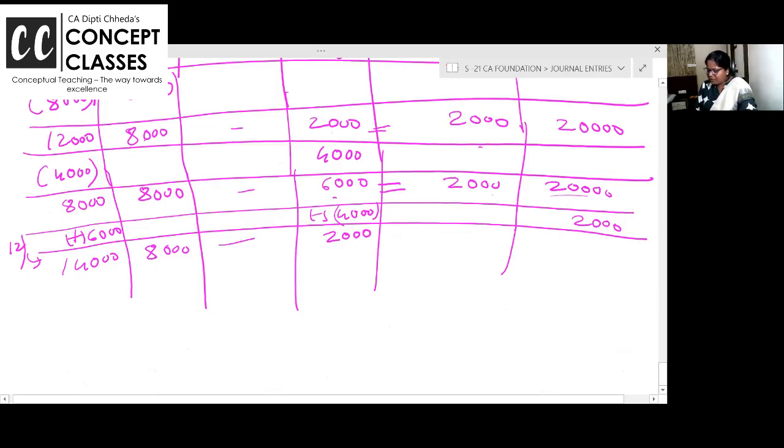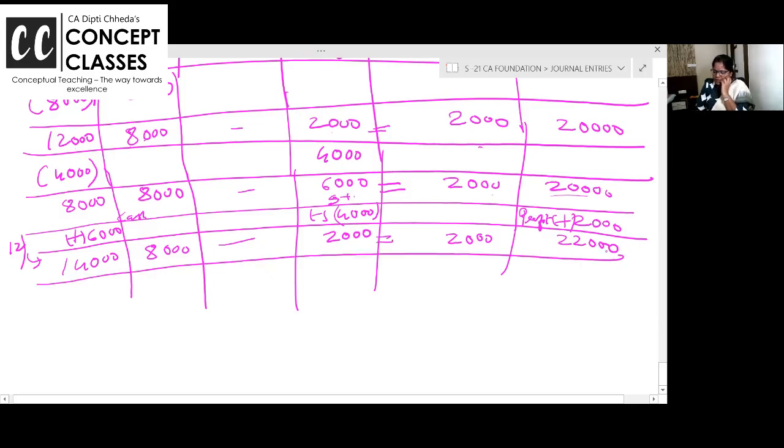So this is 24,000 and here 2,000 and 22,000 plus. I hope you are getting it. Why did I plus profit? Why did I minus stock sold? Why did I add cash received? Is the total tallying to 24 on both the sides? Yes. Put equal to sign.